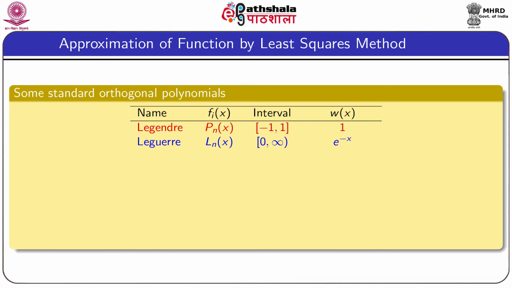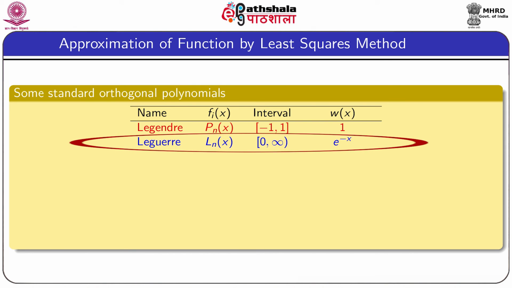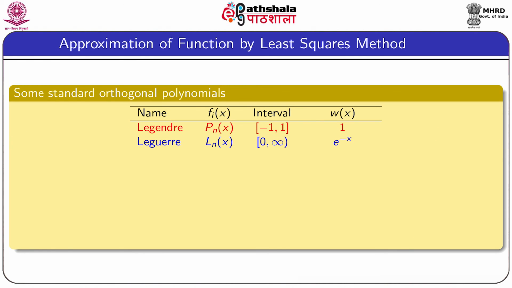That means P_n(x) is a polynomial in x of degree n, defined within the closed interval minus 1 to 1, and for this case the weight function is the simplest one, that is 1. The second orthogonal polynomial is due to Laguerre, denoted by L_n(x), defined in the half open interval 0 to infinity. The weight function is e to the power minus x.